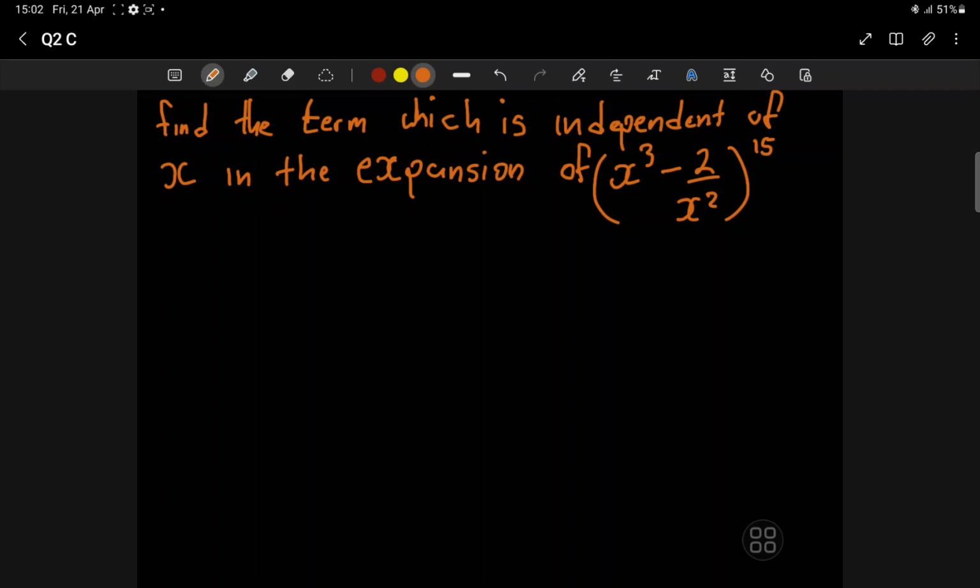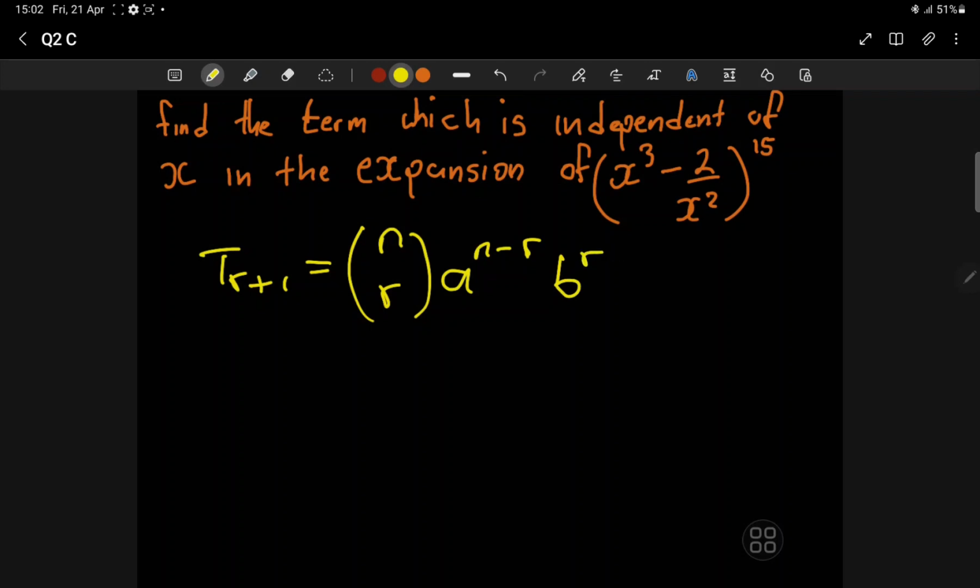So to work out this question, we will use this formula, T_(r+1) = nCr a^(n-r) b^r.